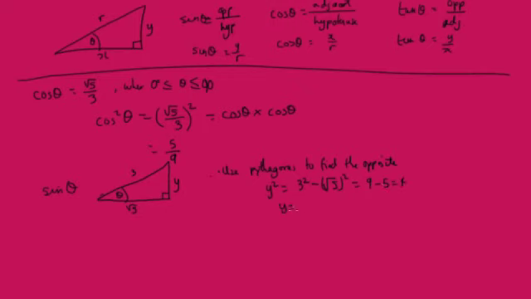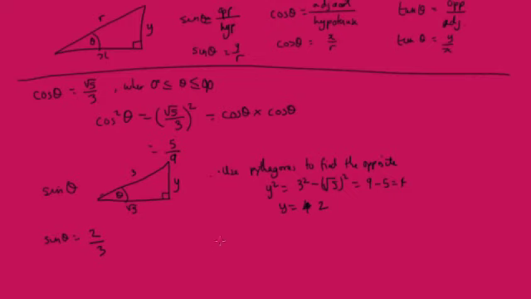So y must be 2. Therefore, sine theta, which is the opposite over the hypotenuse, must be 2 over 3.